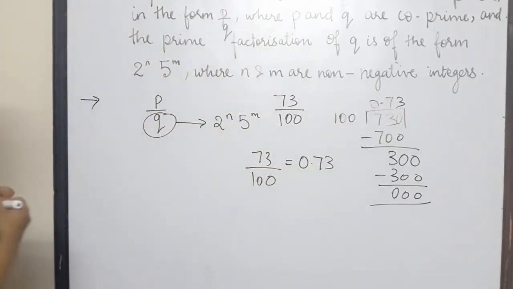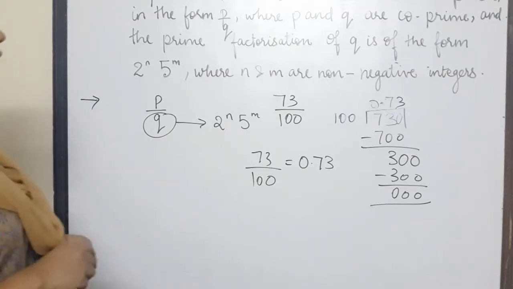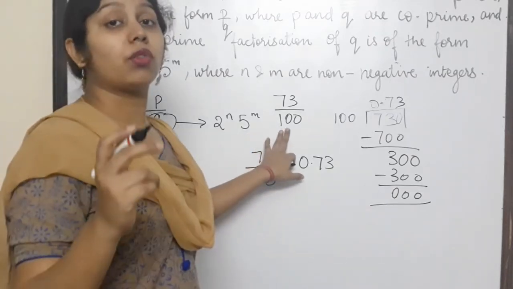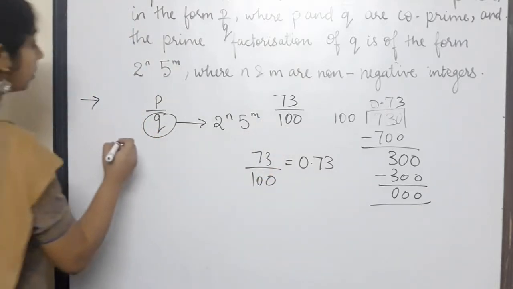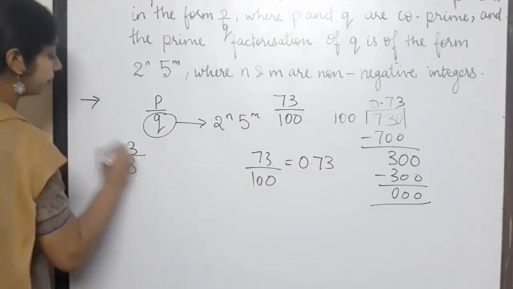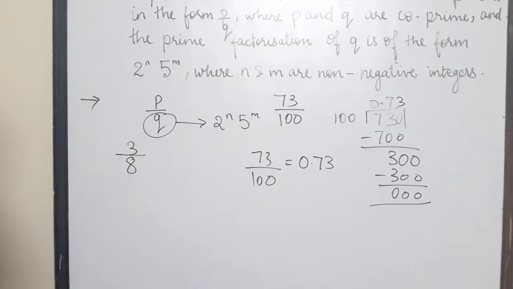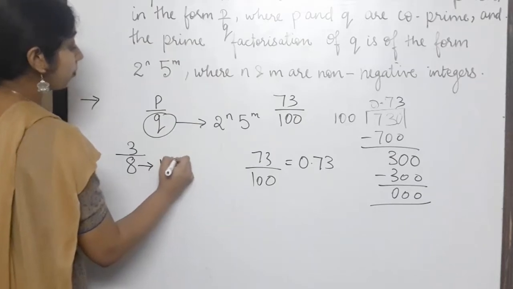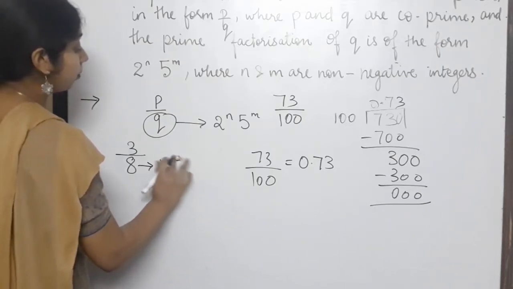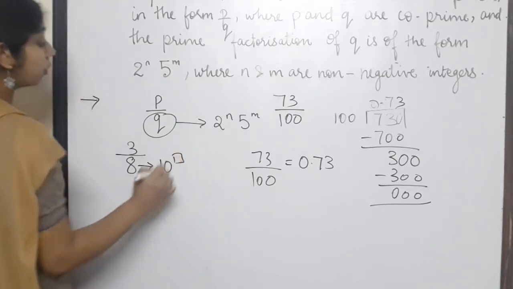Okay. Now suppose in case, what happens if the denominator is not in the form of 10 to the power something? Alright, suppose I have a number, say 3 by 8. To convert this 8 into 10 to the power of something, what do we have to do?